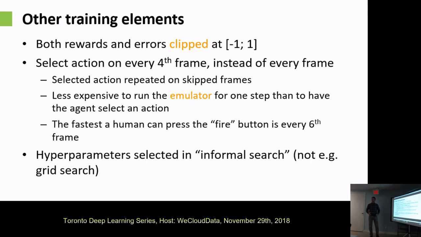So the time steps then, are they every 4 frames, or are time steps still every frame? Well, because you're collating 4 frames together, that's the state, and you take that. That's why in the image of the architecture, you input 4 frames.